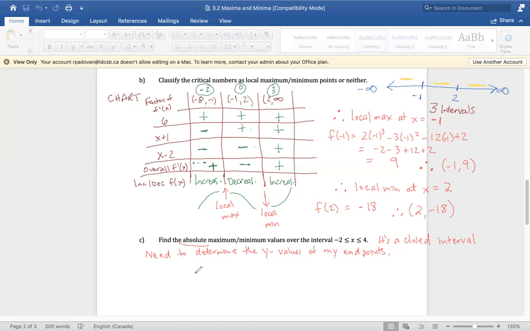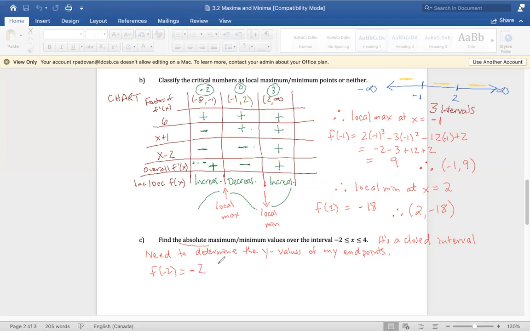So again, we're subbing it into the original. So we're subbing f at -2, same as here, right? -2 cubed times 2, -2 squared times -3, -2 times -12, and plus 2. And when you sub in -2, actually I get a y value of -2.